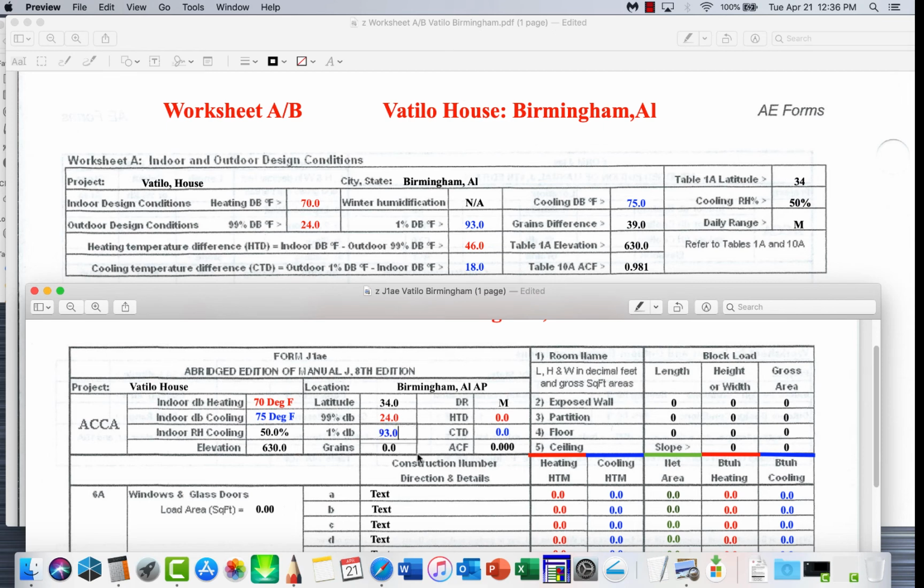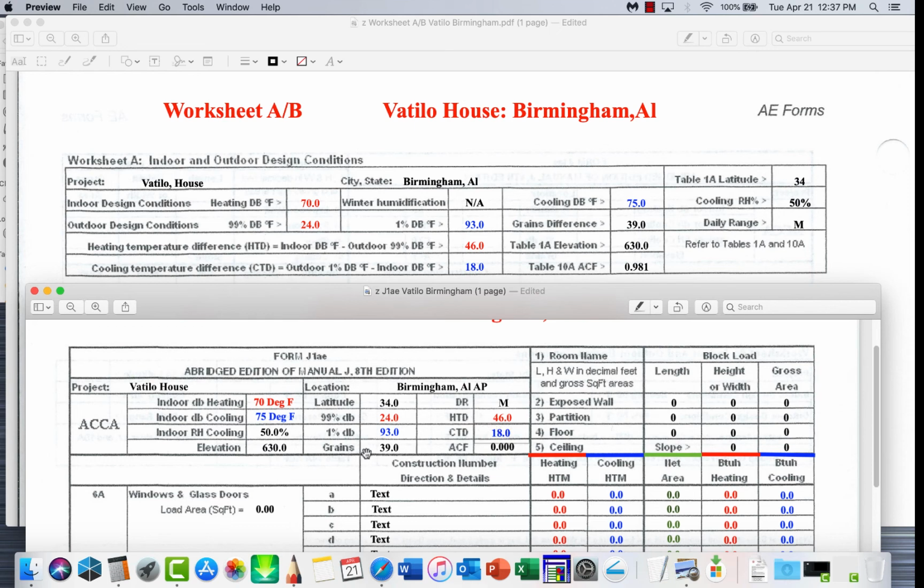Our grains differential for 50% relative humidity is 39. Our HTD is 46 degrees. There we go. And our cooling temperature differential will be 18. Okay. And there you go.